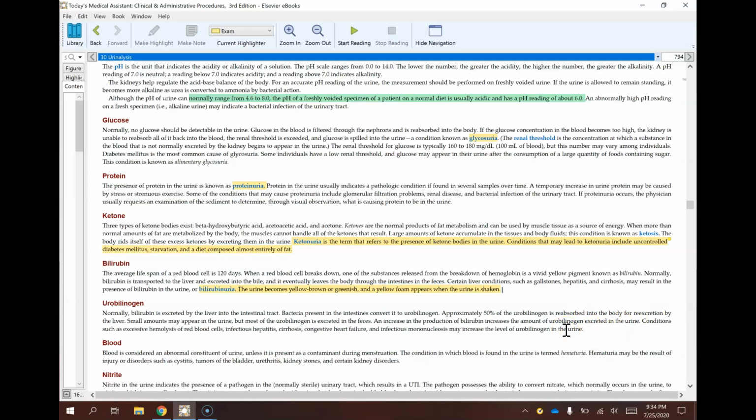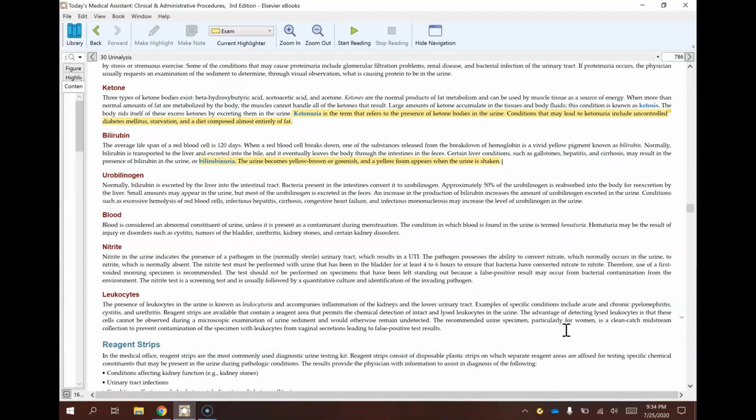I know I'm interrupting myself a number of times, but each of these things are non-invasively showing up. And the MA has discovered those in order to let the doctor know how he or she should proceed. So always remember how important the MA position is.